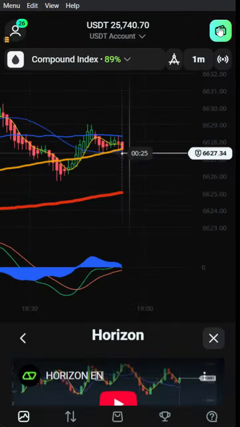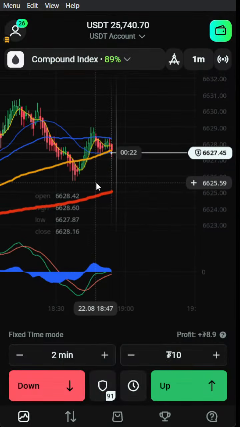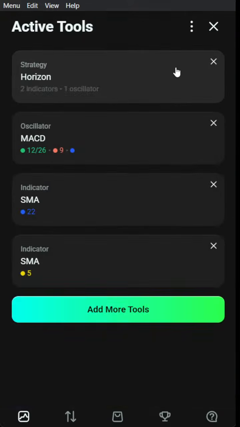Now the strategy is enabled. Let's see it on the screen. First I will have to remove the Jacktar.